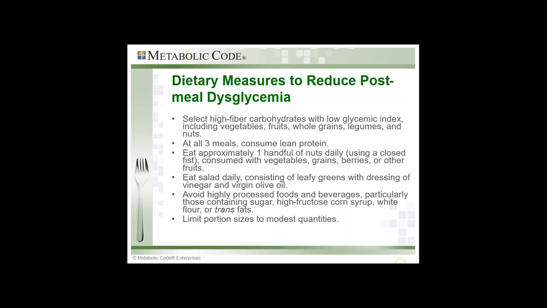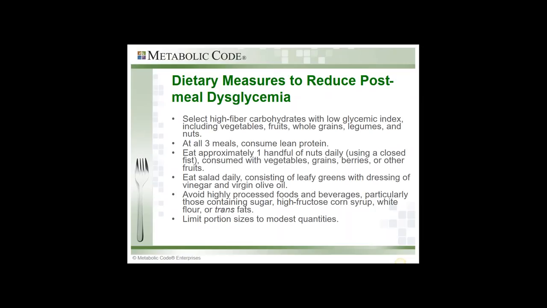Of course, the lowest sources of carbohydrate and glycemic index, with a low amount of calories, are non-starchy vegetables. Fruits are fairly low in glycemic index, and compared to refined sugars, they're way lower. And of course, they're a source of fiber and more nutrient dense, so they're considered an appropriate choice. Then whole grains, legumes, and nuts.